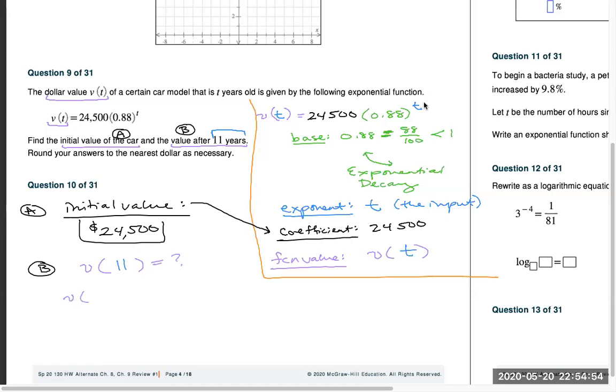So V of 11 will be equal to your 24500 times 0.88 to the 11th power. Now, as long as you put parentheses and stuff in the right place, you can put all this into your calculator at once.